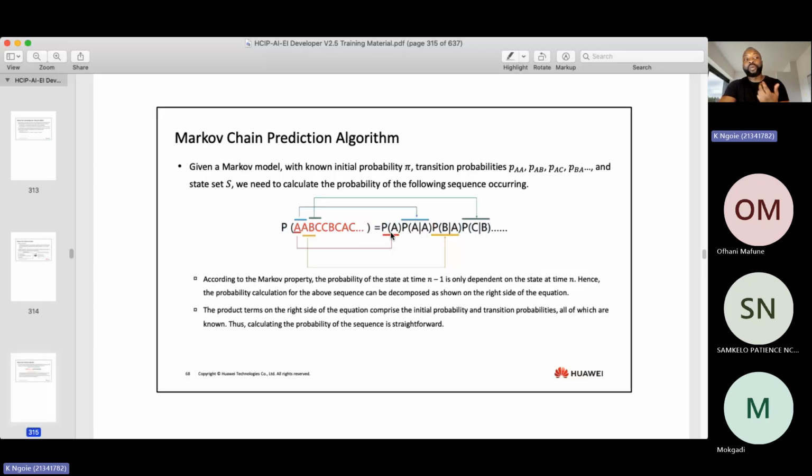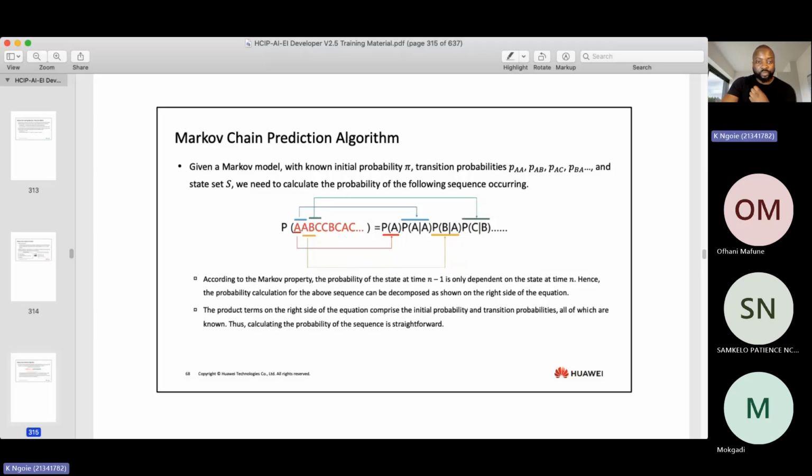So here we're going to start with pi, which is the initial probability. So pi times 0.2, times the probability of moving from B to A, times the probability of moving from C to B. You understand? So now we take this and multiply the transition probabilities for each step. This works because of the Markov property: only the previous state matters.